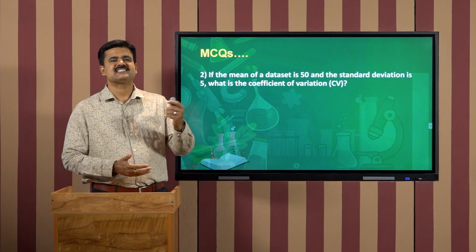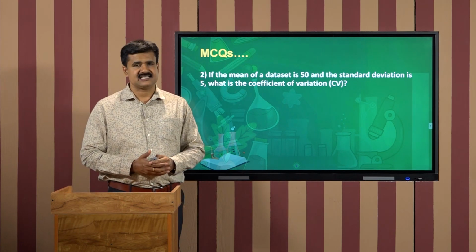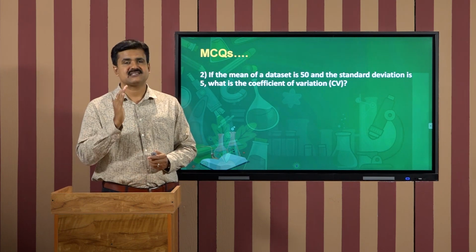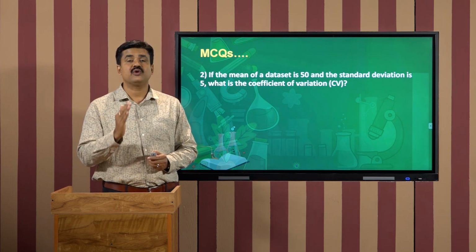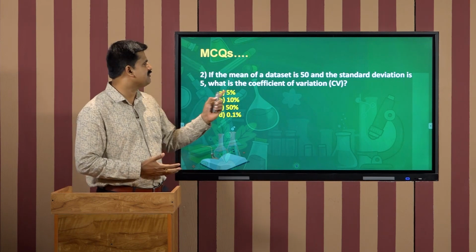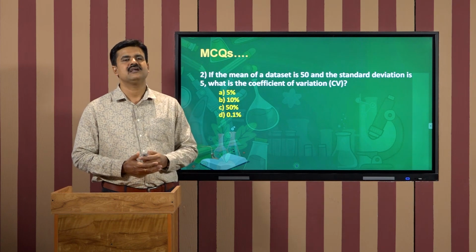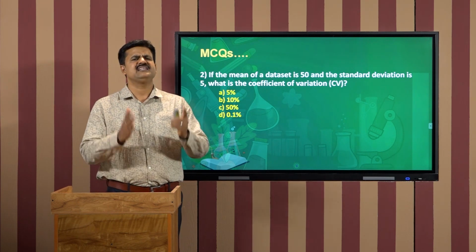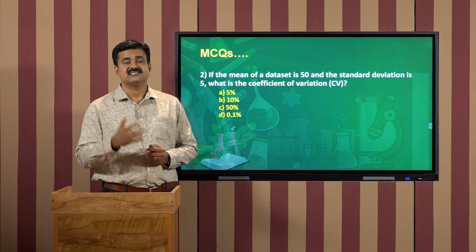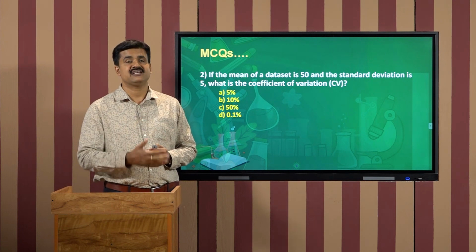Now, this is the second question. If the mean of a data set is 50 and the standard deviation is 5, what is the coefficient of variation? These are the options: option A 5%, option B 10%, C 50%, option D 0.1%. It is very easy to calculate the coefficient of variation provided you have the standard deviation as well as the mean of the sample directly given in the problem.